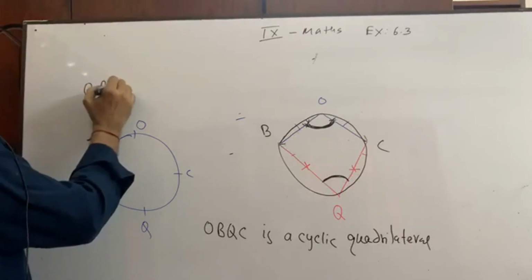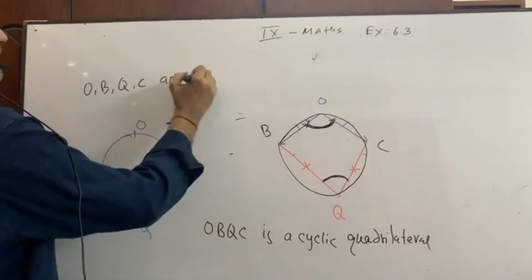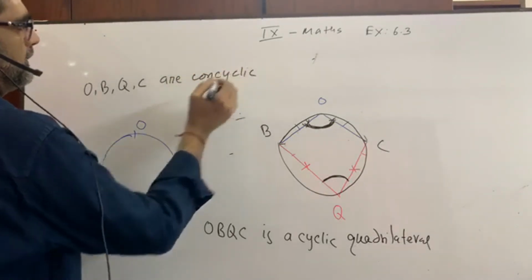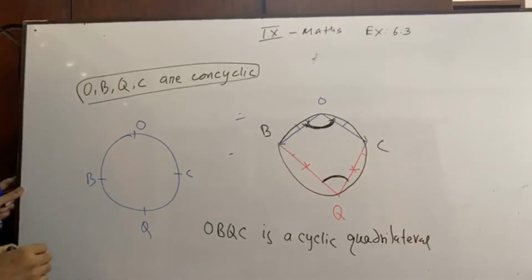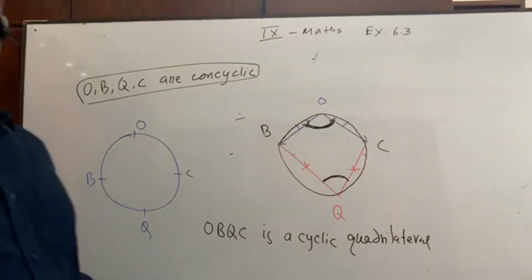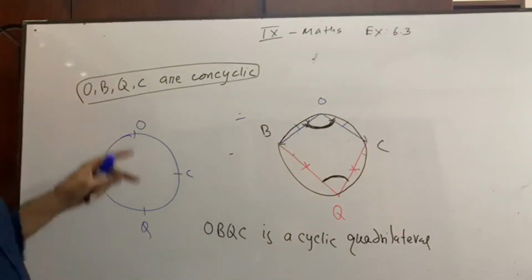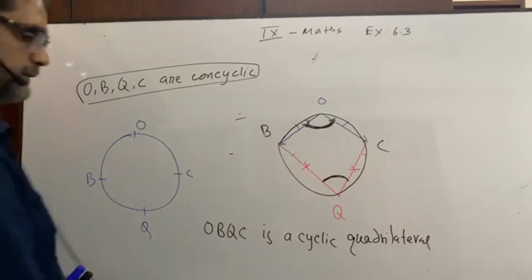O, B, Q, C are concyclic. When some points lie on the circumference of the same circle, the points are said to be concyclic. Okay, that's good.